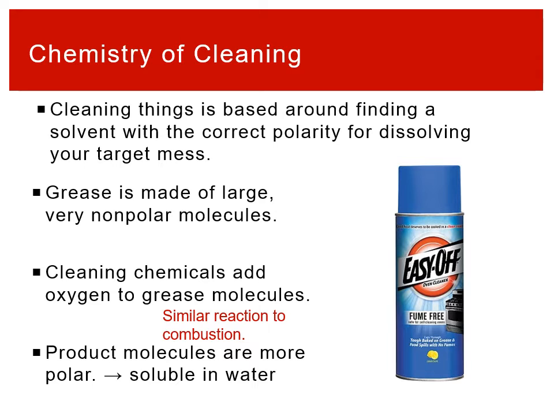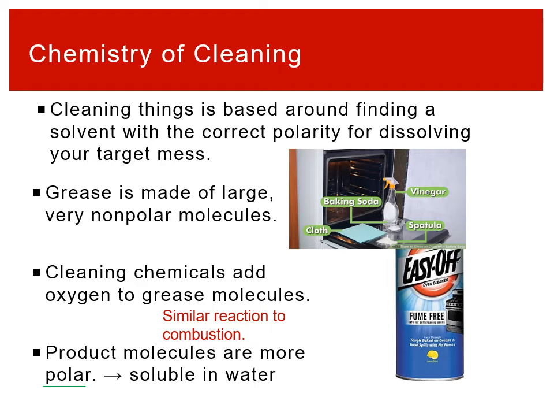This is a similar reaction to combustion. It's an oxidation process, a reduction oxidation process, where you're adding in oxygen. So you take these big hydrocarbon molecules and you decorate them with oxygen. That means they're more polar, which means they are more soluble in water. All of a sudden you can wipe them off.